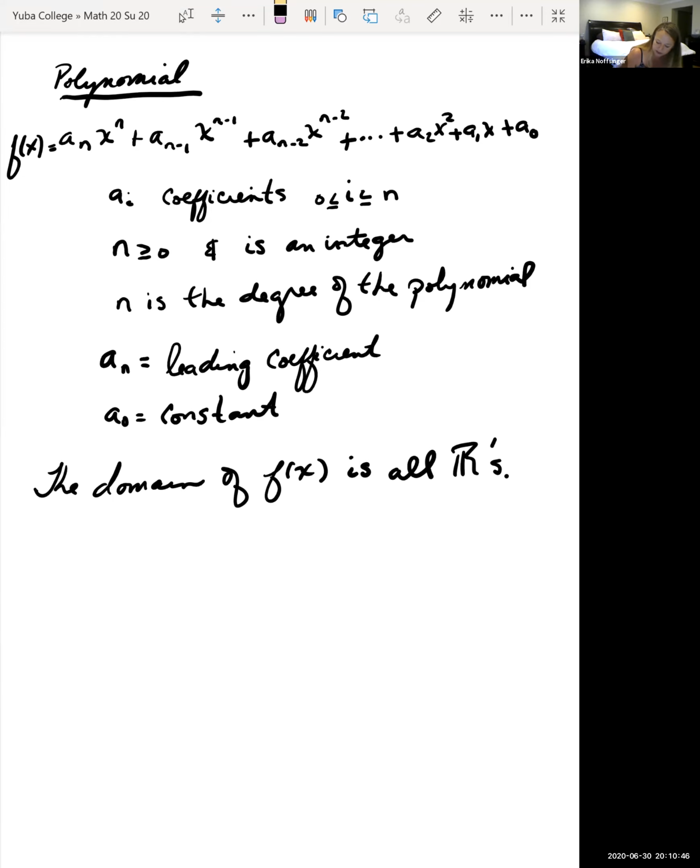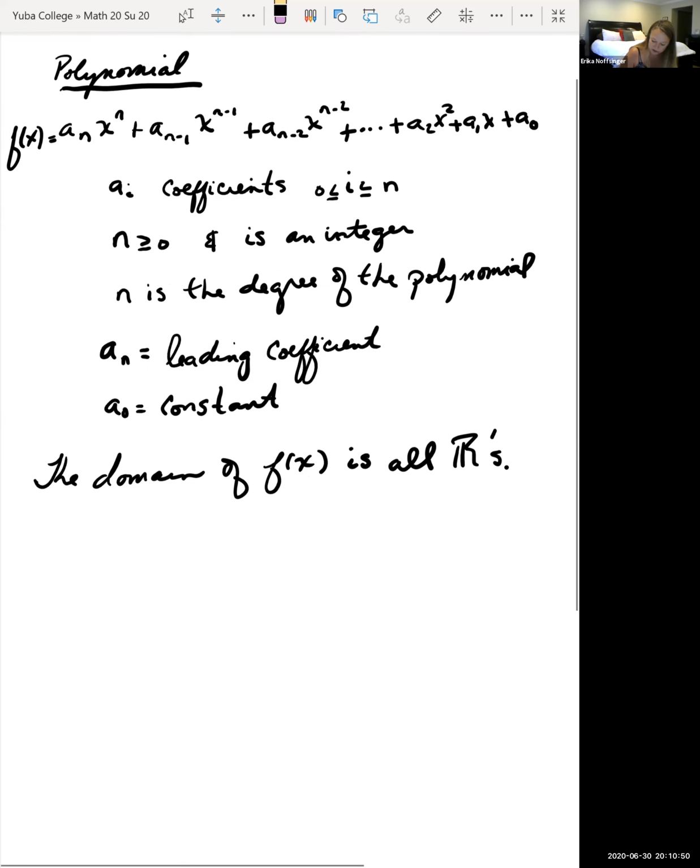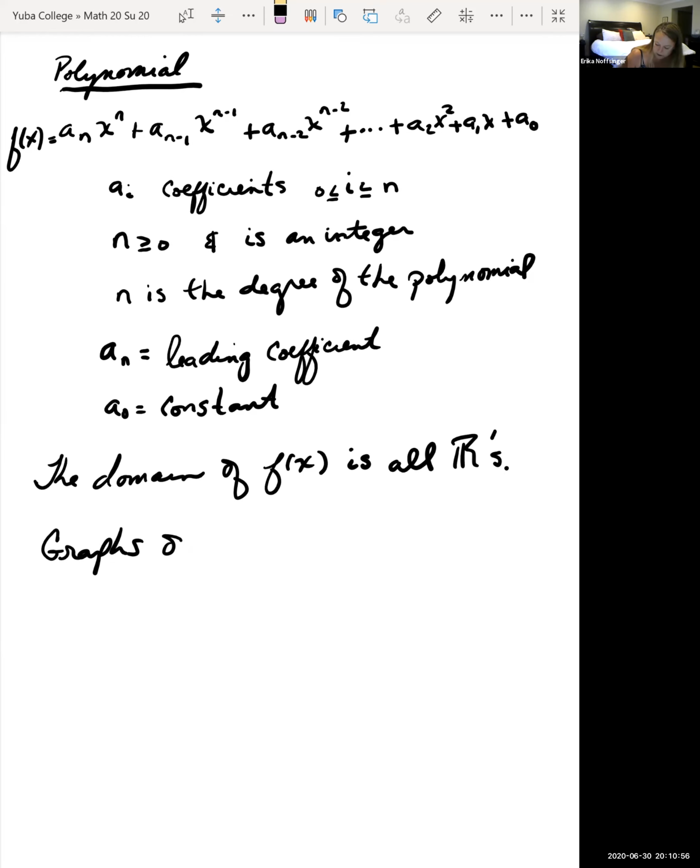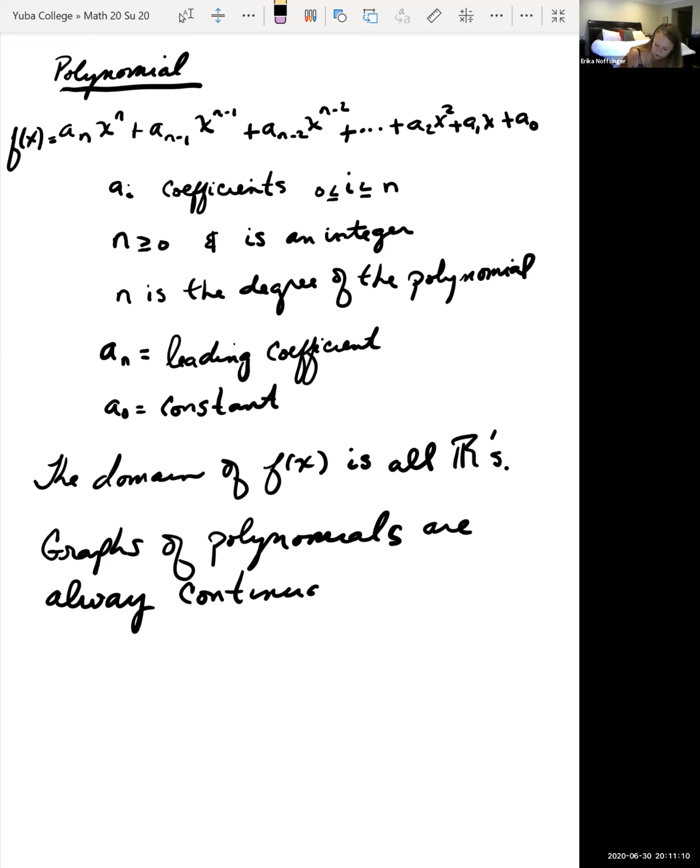So we're going to write it in layman's terms: graphs of polynomials are always continuous and smooth.